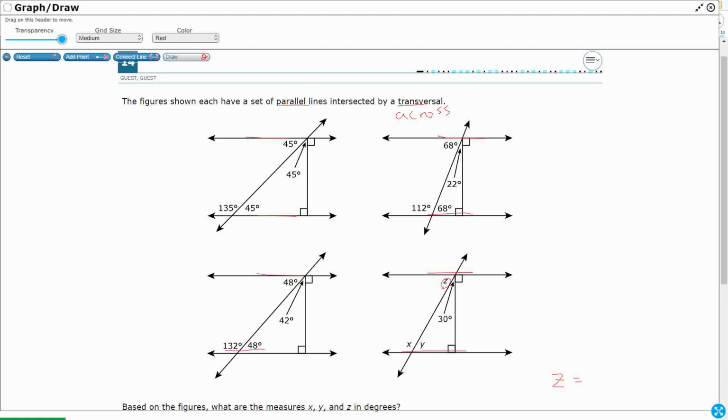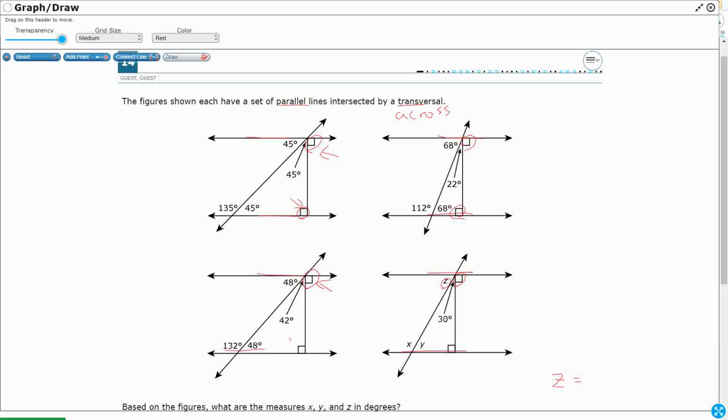So what do we notice here? In each of these figures, we have a right angle in the top right-hand corner. What we need to keep in mind is that on the opposite side of that line, we have another right angle. So these are both 90 degrees.